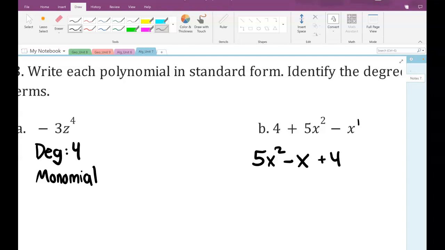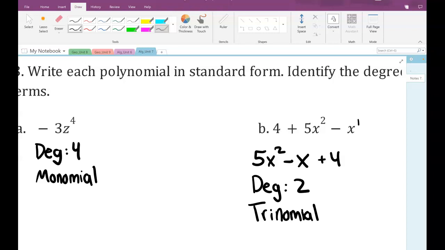So plus 4. I then take my degree. This is a second degree polynomial. My leading coefficient would be 5. And when it says to classify, it means tell me if it's a trinomial, a binomial, a monomial, things like that.